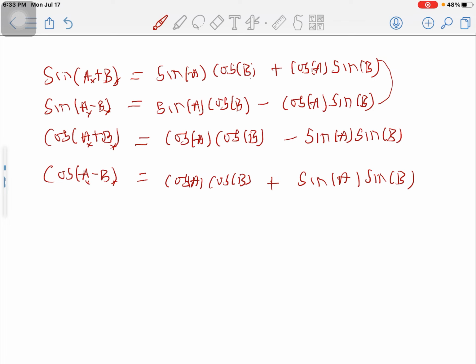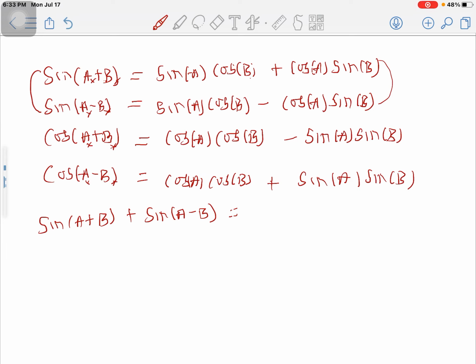Now, in doing this, we want to make sine a cos b the subject. So in doing that, we can add the first two identities. When we add the first two identities, we are going to get sine (a plus b) plus another sine (a minus b), right?